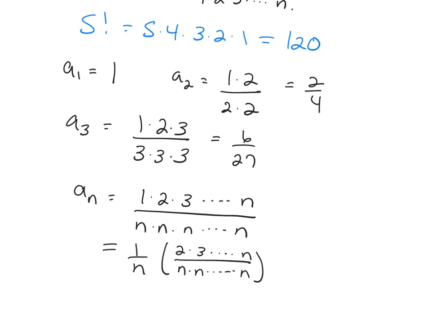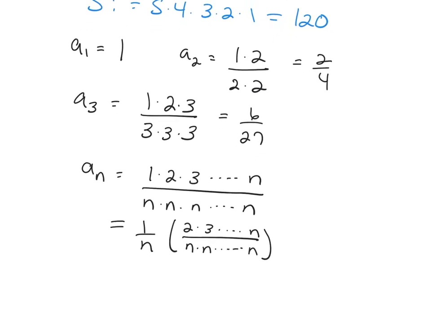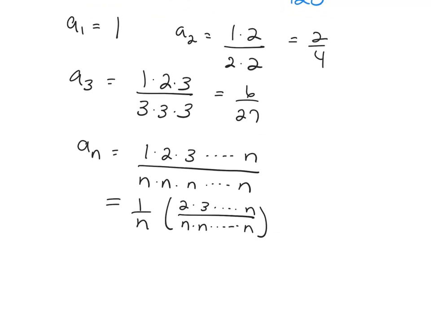And let's think about this expression here in this parentheses. What can I say about this number here? So if n is 2, this is 2 over 2, which is 1.